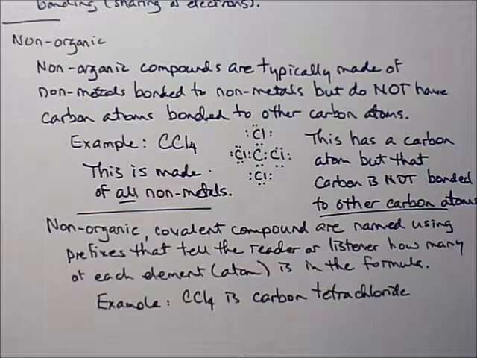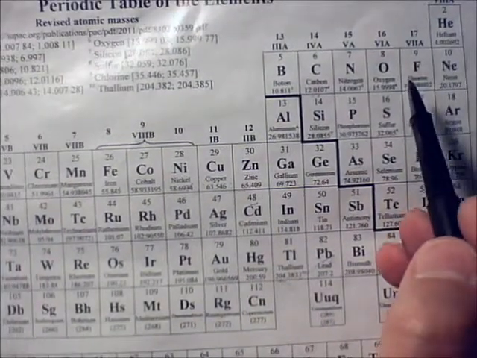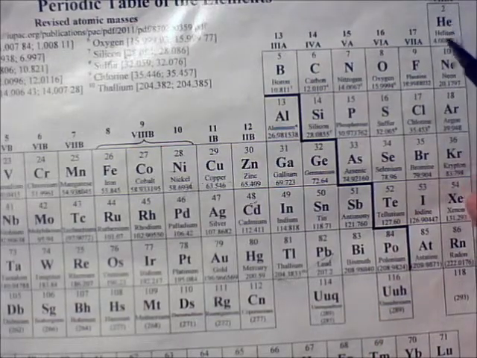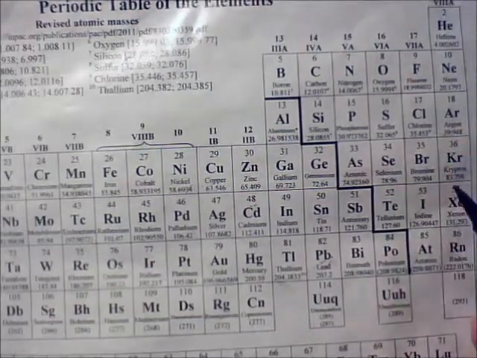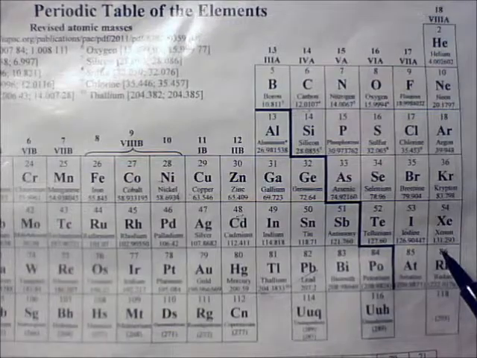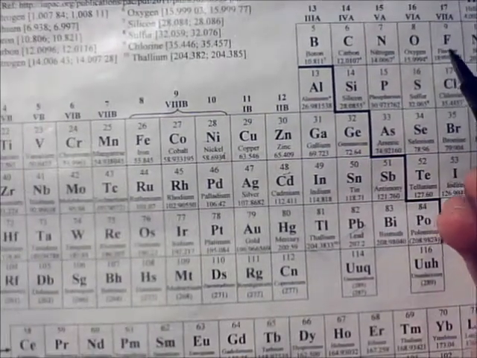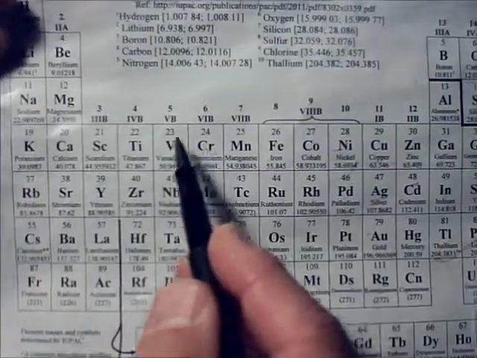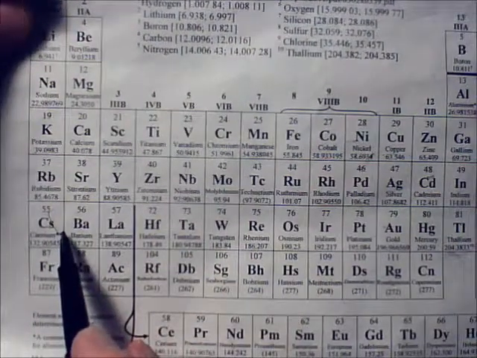Now, if you don't remember, on the periodic table, the most electronegative element is fluorine. We generally consider these noble gases over here to have no electronegativity. And so generally speaking, the pattern is that it's highest up here and lowest down here.